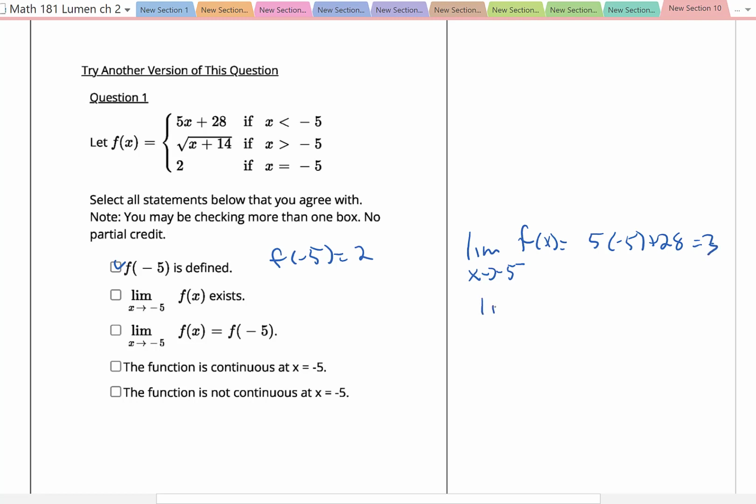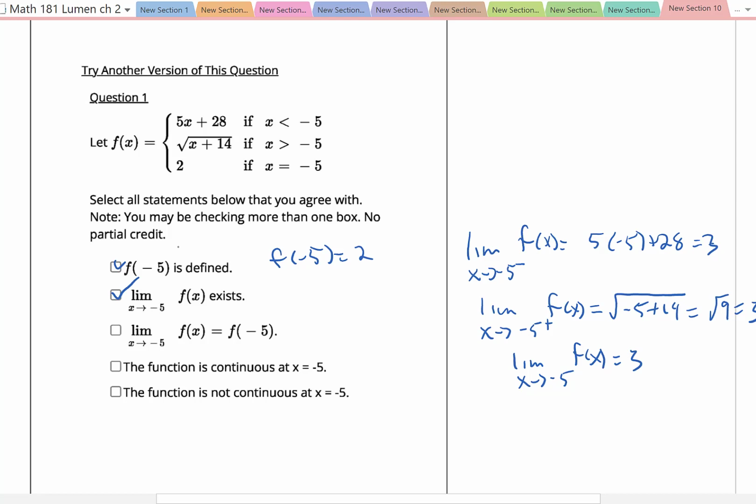And then the limit as x approaches negative 5 from the right of f of x is going to be the square root of negative 5 plus 14, which is the square root of 9, which is 3. So our limit as x approaches negative 5 of f of x is going to be 3. So that works. Limit exists.